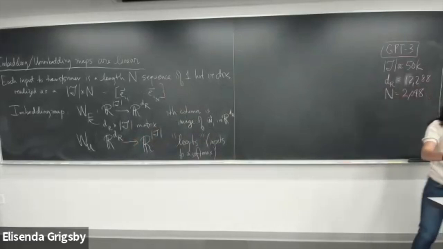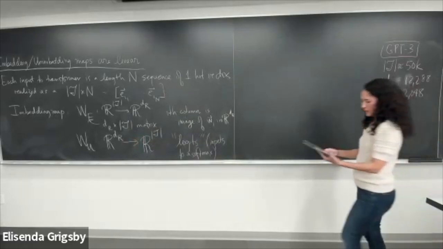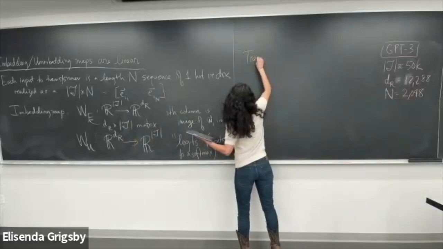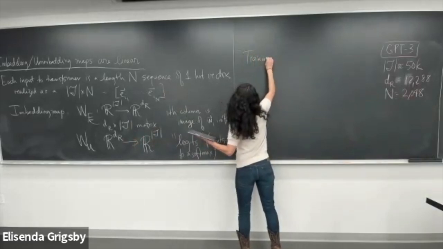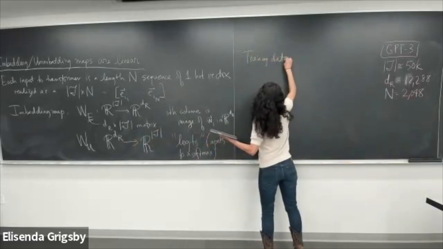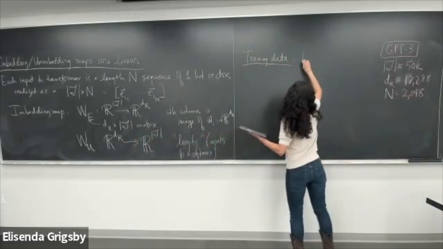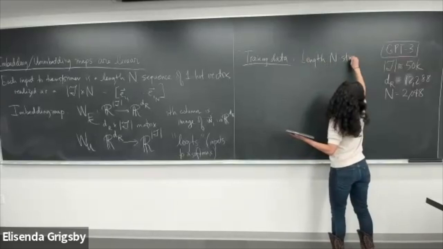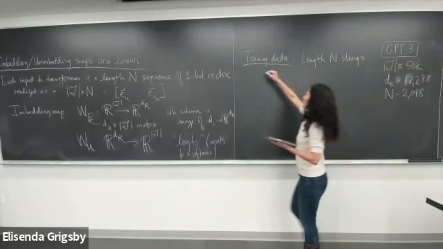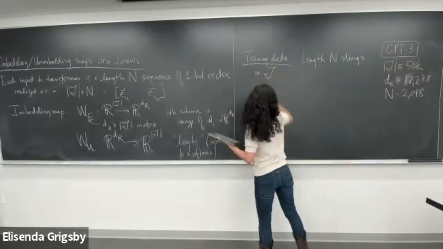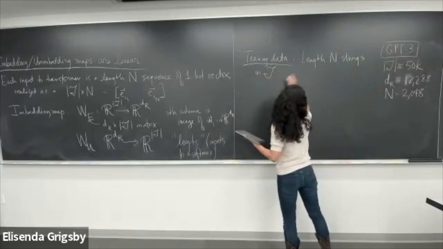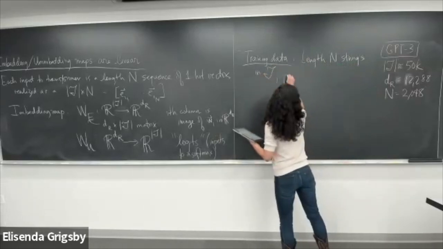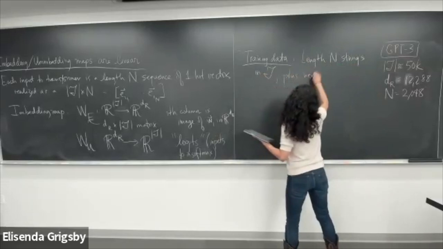Let me just write that down. So the training data here is length n strings in T, ordered sequences in T. These would be the inputs for your input-output pairs, plus the next token.